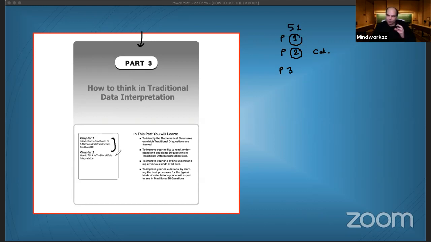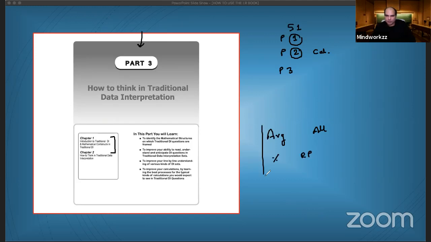One is the introduction to traditional DI and mathematical construction in traditional DI. What you need to understand is that ultimately every DI question moves into some mathematical construct. It might move into percentages, ratio proportion, or averages, but there are mathematical constructs involved in every DI question. So you should be aware of the chapters of averages, alligation, percentage, ratio proportion.